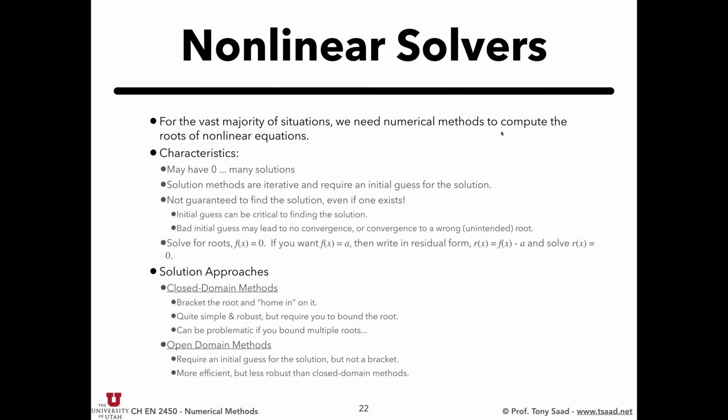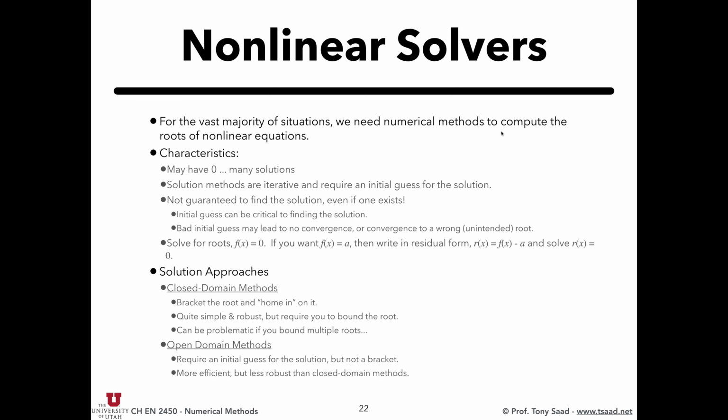We will approach this from two classes of solutions: closed domain methods and open domain methods. Closed domain methods are based on the idea that you have an indication of where the root is located. So our initial guess is going to bracket that root, one to the left of it, one to the right of it, and then we're going to keep refining this interval, A, B, let's say, and keep shrinking this interval until we home in on the root.